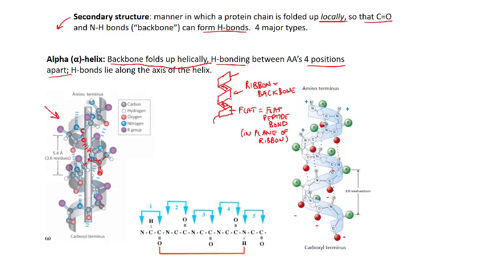And likewise, each carbonyl is lined up with a hydrogen bond donor 4 amino acids away in the sequence. So in an alpha helix, we have hydrogen bonds that are aligned along the length of the helix between successive turns. They're parallel to the axis of the helix, in other words.